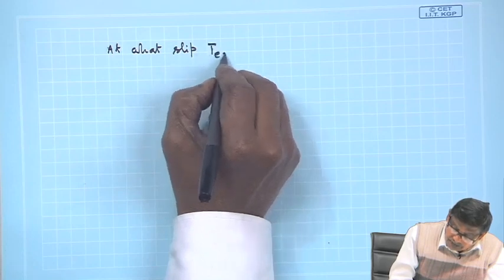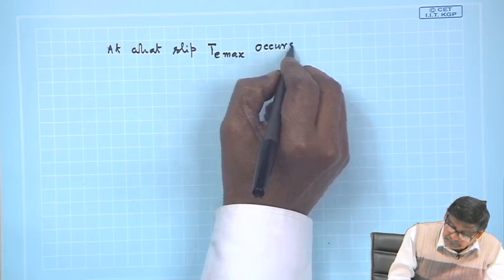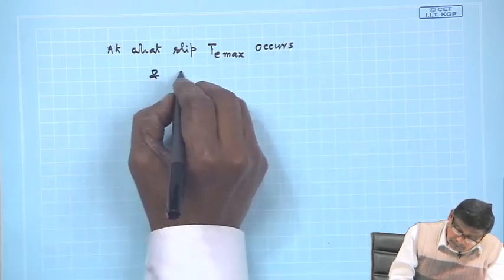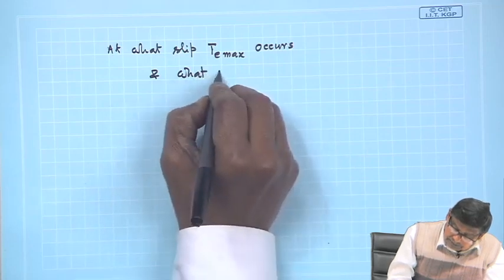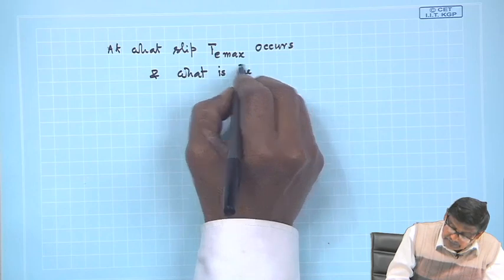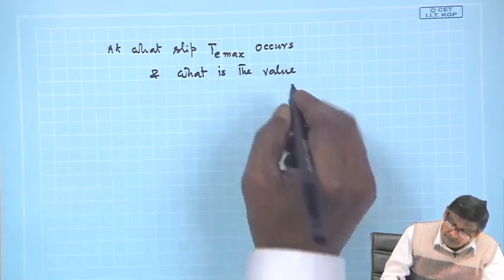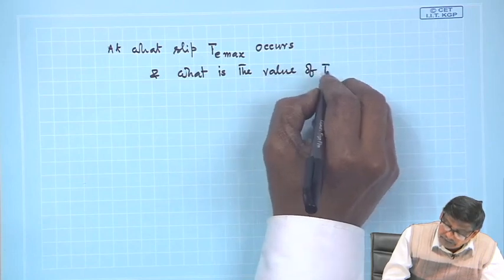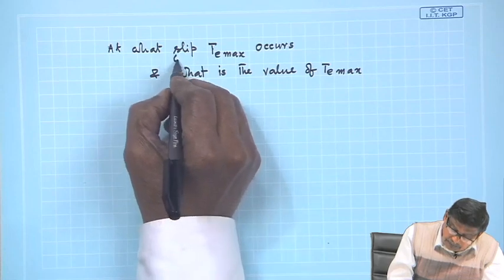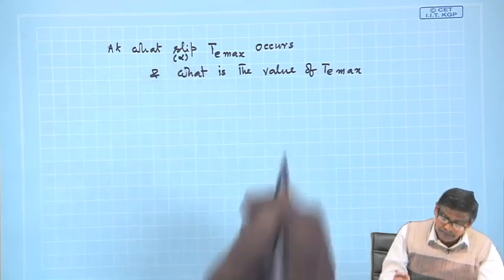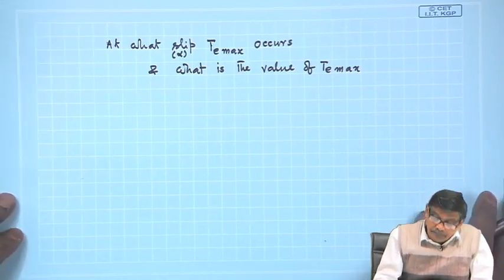Can we derive some formula? What is the value of T max, and at what slip? That slip I have identified as alpha. So, to do this, what should I do?